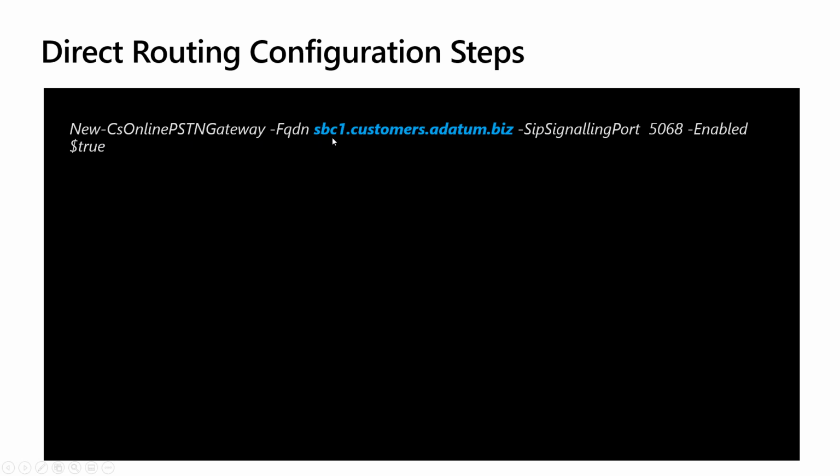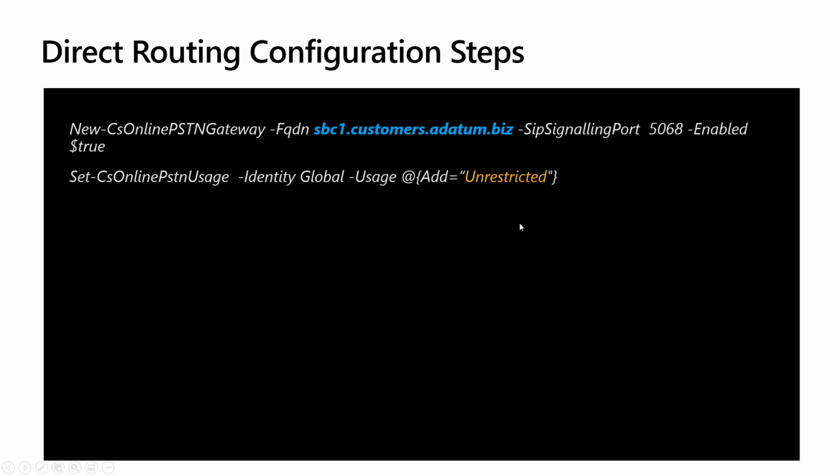Of course, we're going to configure this gateway, because this is the name of the gateway. Remember, those security certificates are important, so the names are important as well. Essentially, this is going to be the reference to the SBC, and we have a signaling port that's going to be enabled.